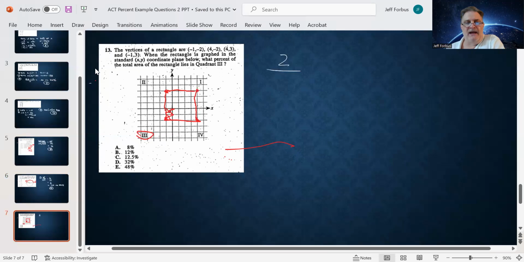That's 2 out of 25. 2/25 is 0.08, or you would say 8%. And that would be answer choice A right there.